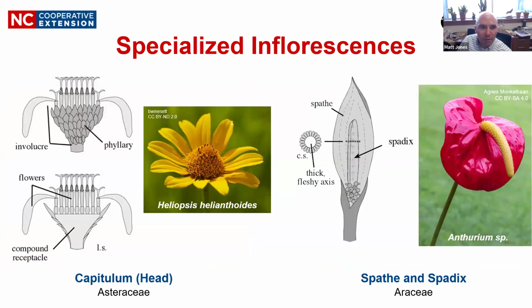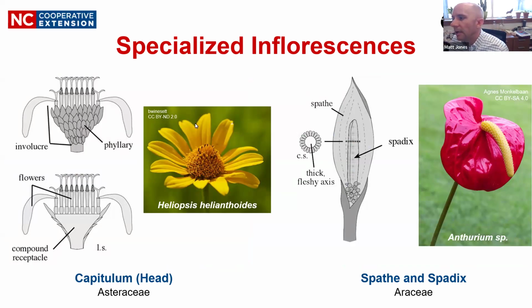And then there are also two other kinds of specialized inflorescences to be aware of. There are probably more, but the two important ones would be the capitulum or the head, which is characteristic of most of the Asteraceae, this huge family, the aster family, 25,000 plus species. So when you look at like this Heliopsis or you look at a sunflower, you're not looking at a single flower.